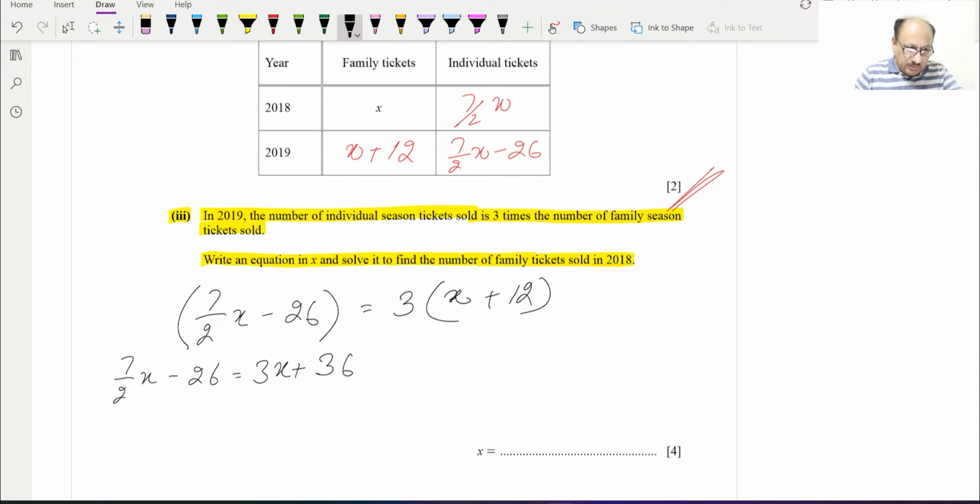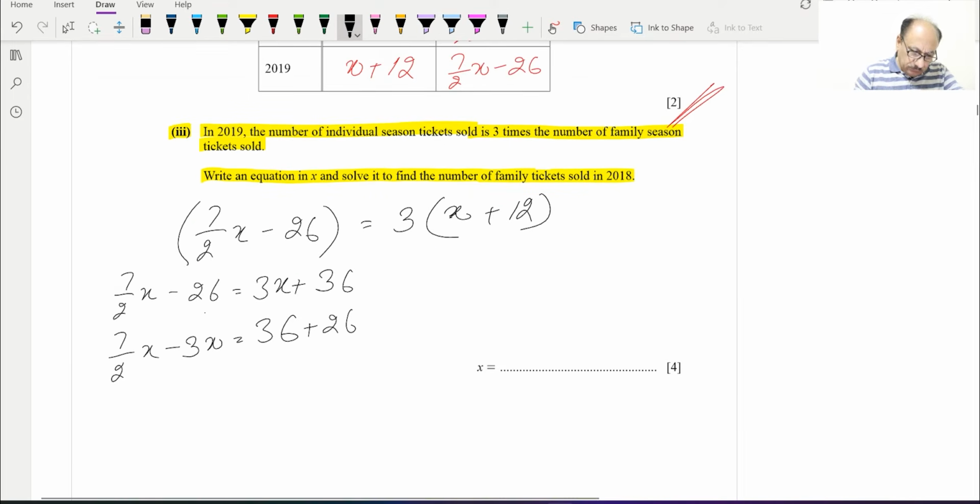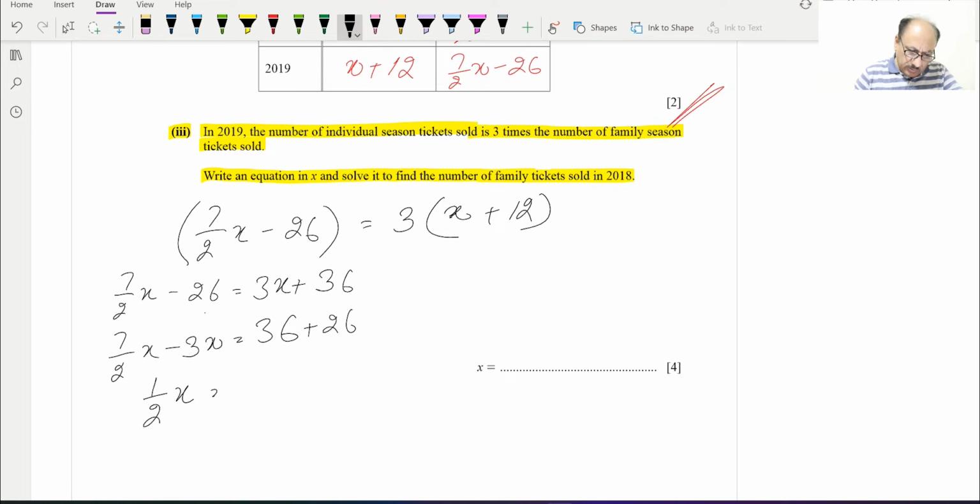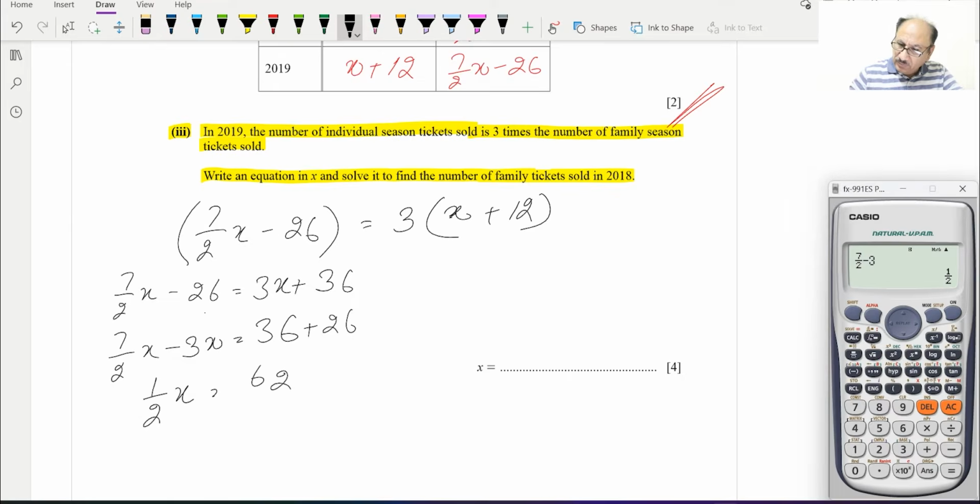Now we shift 3x to one side, so 7/2 x minus 3x, and the 26 shifts to the other side, so this becomes 36 plus 26. 7/2 minus 3 is equal to 1/2, so 1/2 x is equal to 62. Let me check, 36 plus 26 is equal to 62.